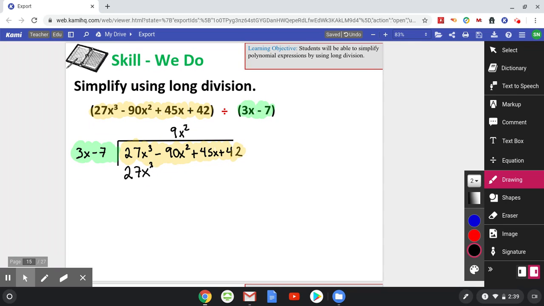Notice both of them are cubed in the same column. Then I will multiply -7 times 9x squared, which is -63x squared. All of them are x squared in that column.